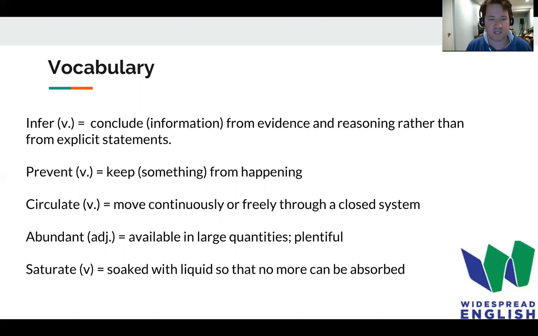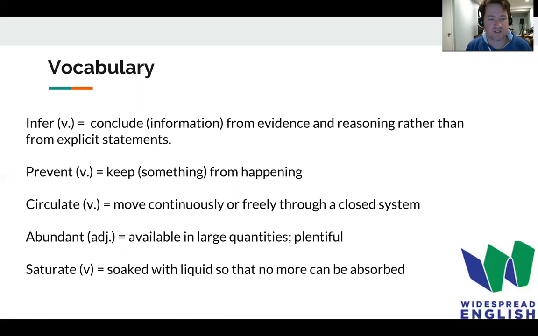Last two, we have abundant. I love the word abundant. It's a great adjective, meaning available in large quantities and plentiful. If you see an apple tree and there's 100 apples on the tree, we would say that the apples are abundant. They're a large quantity, plentiful, enough for everyone.